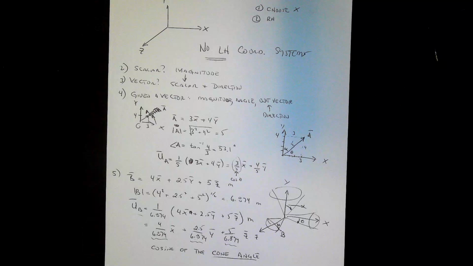But let's just compare that to this one. All right? And I'm going to draw this bigger here. 1, 2, 3, 1, 2, 3, 4. So there's a vector A. All right, so this is 3, and that's 4.